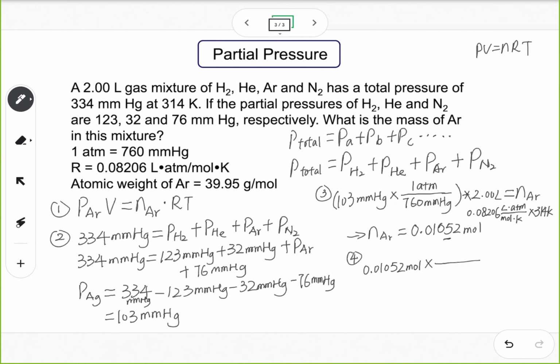Formula weight of argon is given here. It's going to be 1 mole argon, that is 39.95 gram. So the final result would be 0.420 gram. This is the mass for argon. We'll do more practice in class, and if you have questions, let me know.